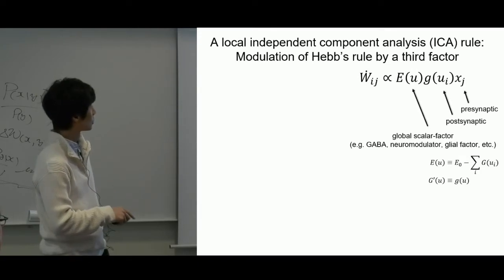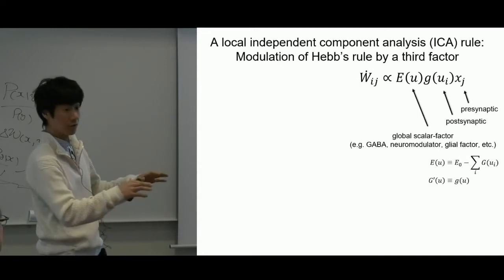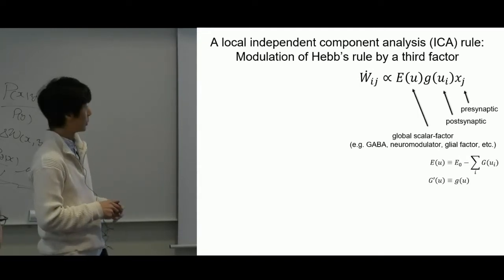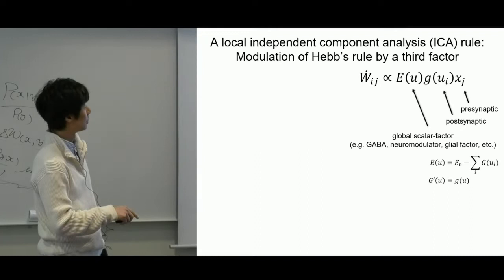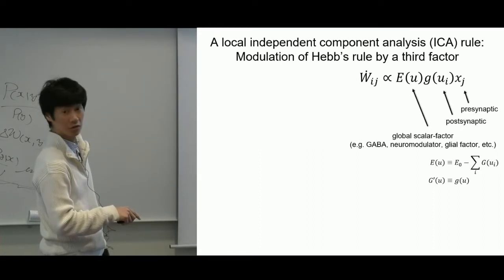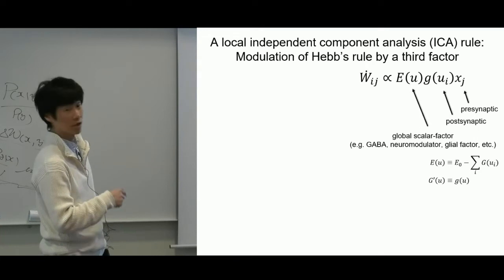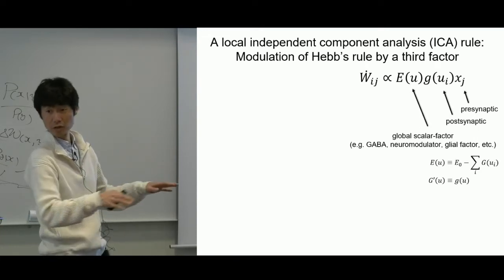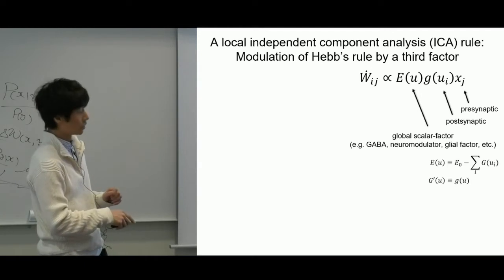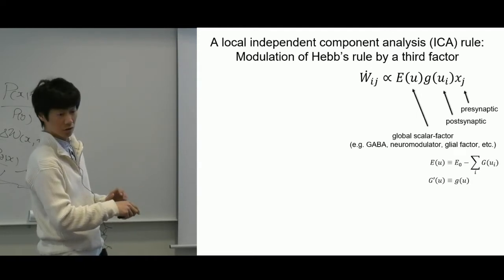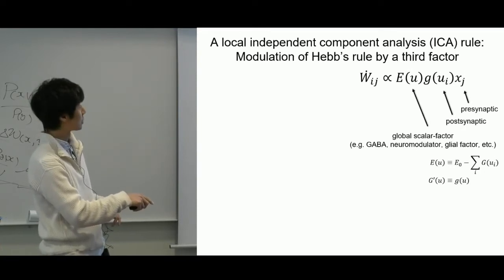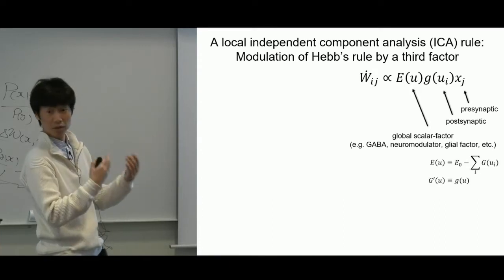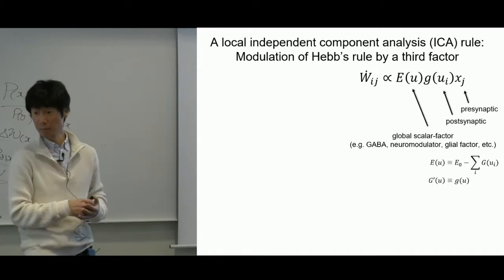What this global scalar factor does is the following. It depends on the activity level of surrounding neurons. If the surrounding output neurons have a small firing rate, small activity level, this E factor takes a positive value, E0. So it implements Hebbian plasticity when surrounding neurons are rather silent. But when the activity of surrounding neurons becomes high, this negative part becomes large, then the sign becomes negative, basically implementing anti-Hebbian plasticity, switching the sign.